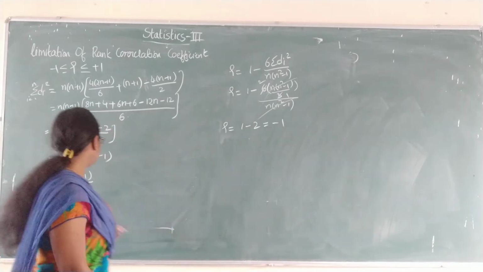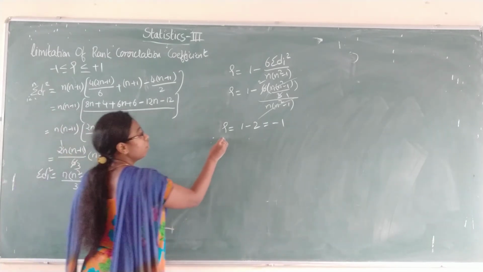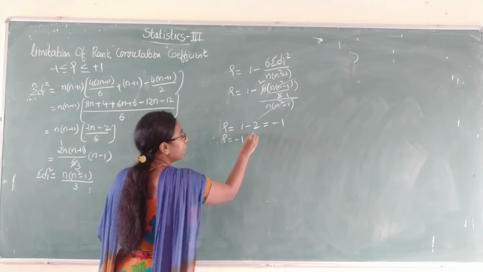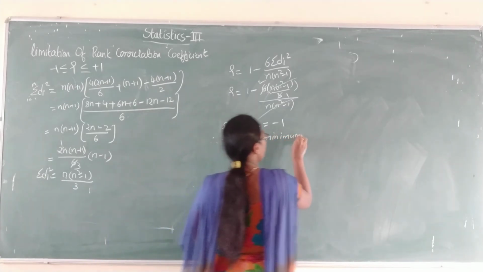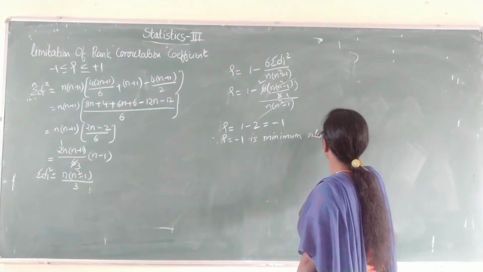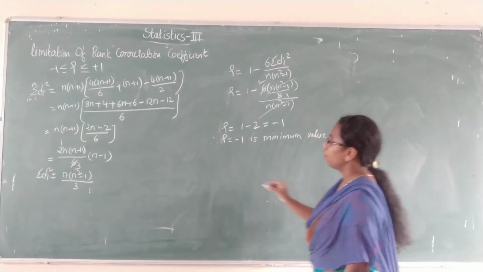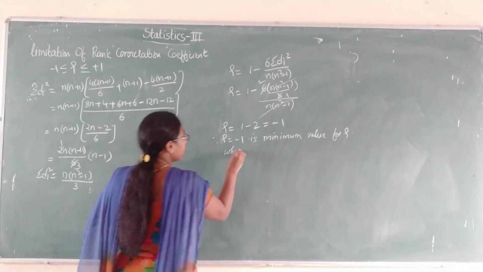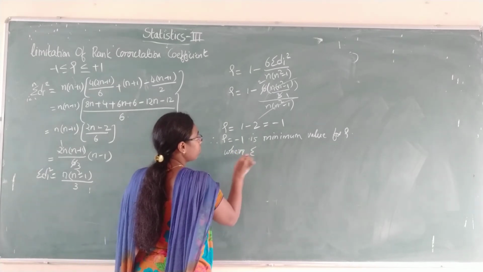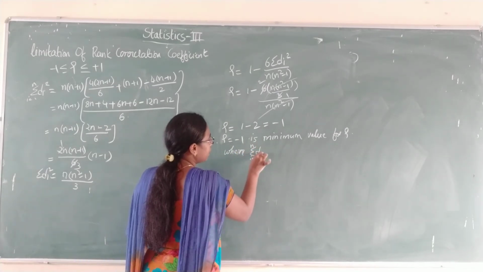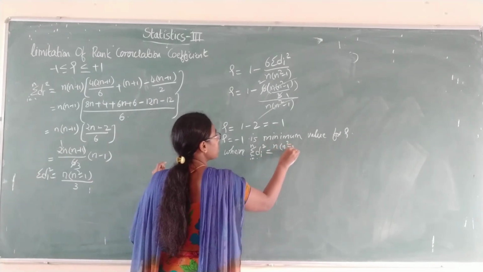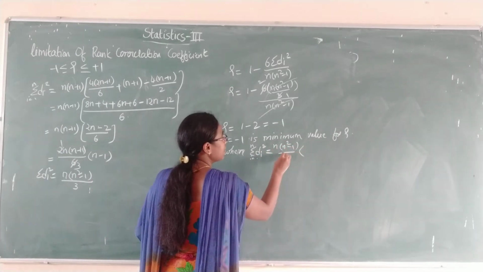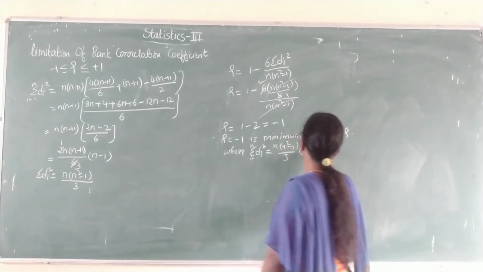So therefore, rho equals minus 1 is the minimum value for rho when summation di square equals n into n square minus 1 by 3, which is the maximum value.